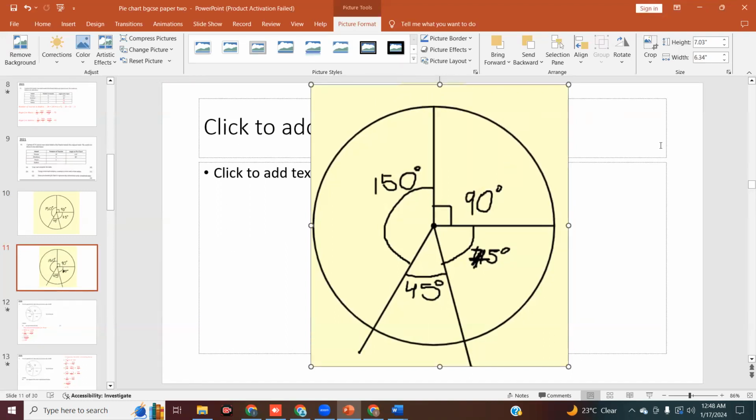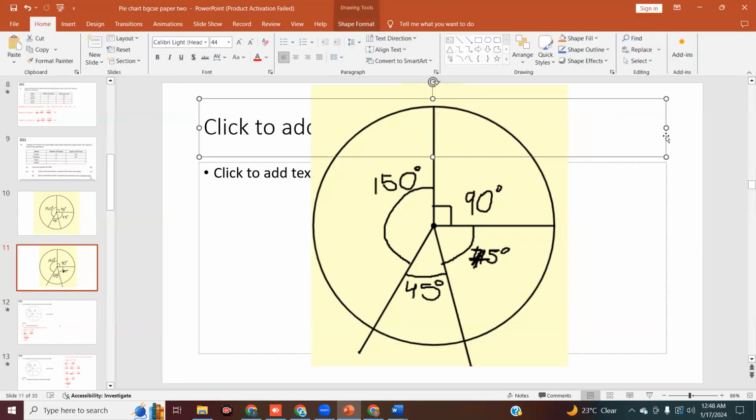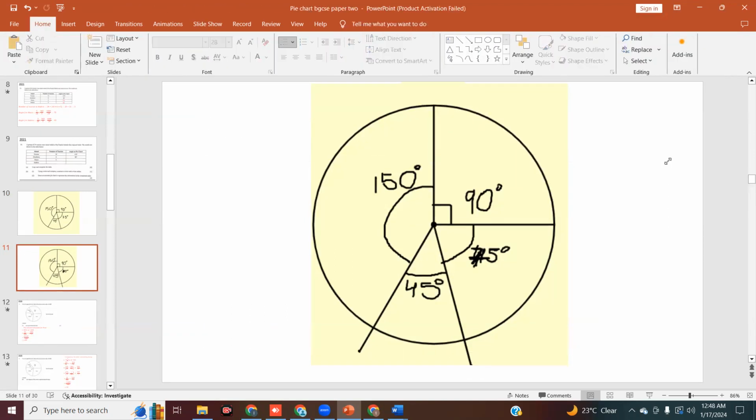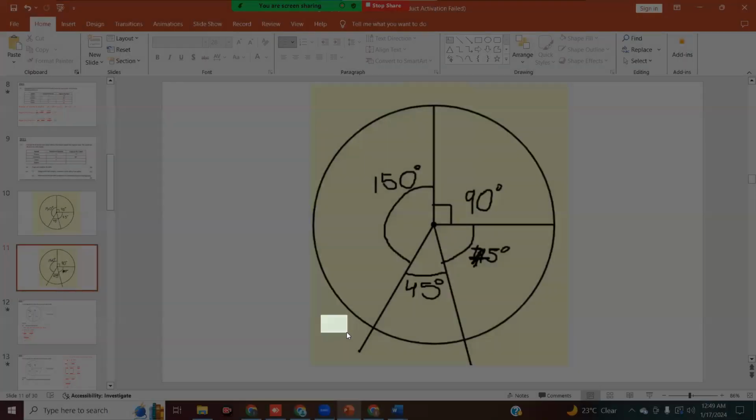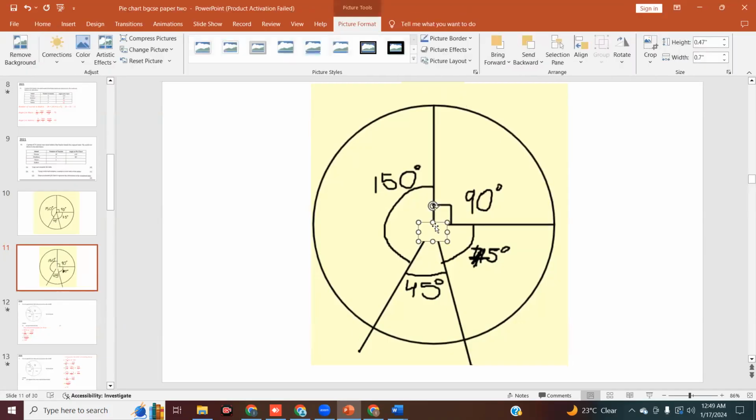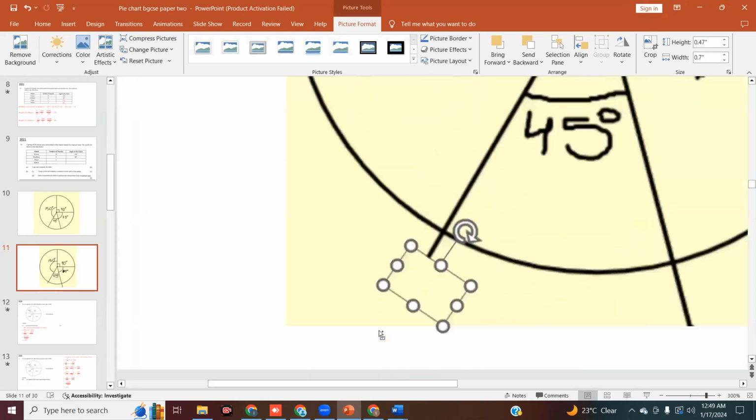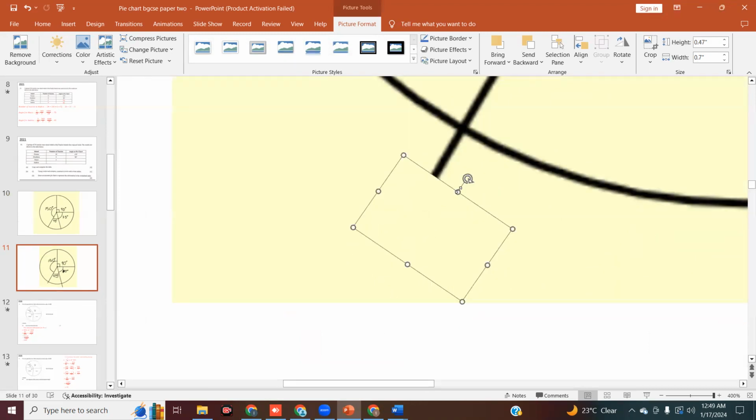And then what else? We need to remove this line and this line. So let's remove that. We can remove it by simply doing it like this. And let's remove all that.